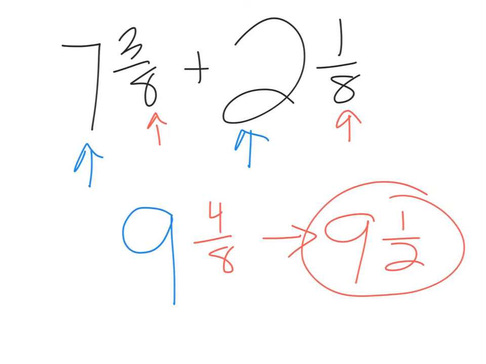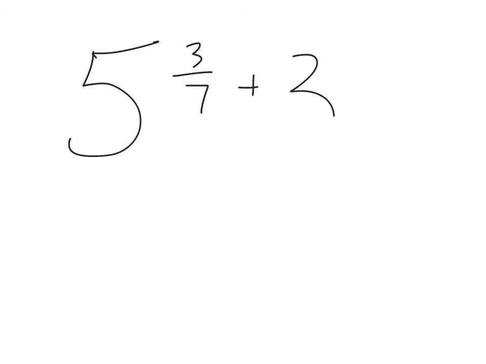Okay, looking at another one very similar to that. Let's say 5 and 3/7 plus 3 and 6/7. Let's take a look at this one. When I'm adding these together, like I said, you can separate your whole numbers.